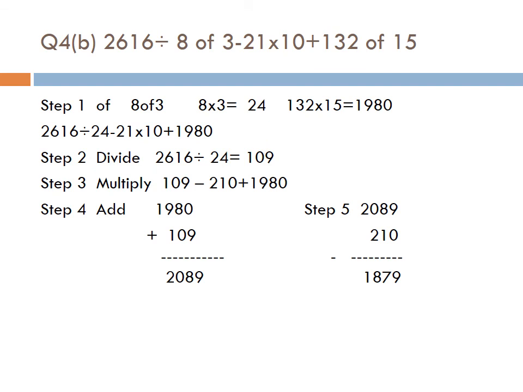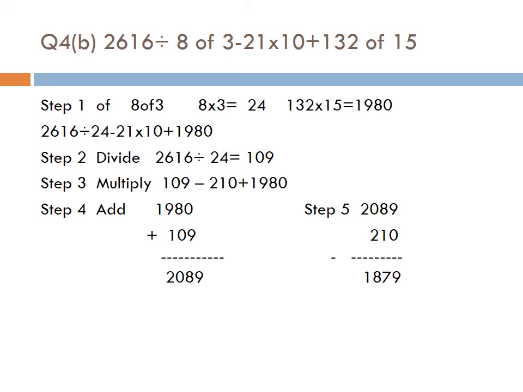Question number 4, B part. 2616 divided by 8 of 3 minus 21 multiplied by 10 plus 132 of 15. Children, in this sum, you can see of is written in two places. 8 of 3 and 132 of 15. First we will solve 8 of 3. 8 multiplied by 3 is equal to 24. And 132 of 15. 132 multiplied by 15 is equal to 1980.